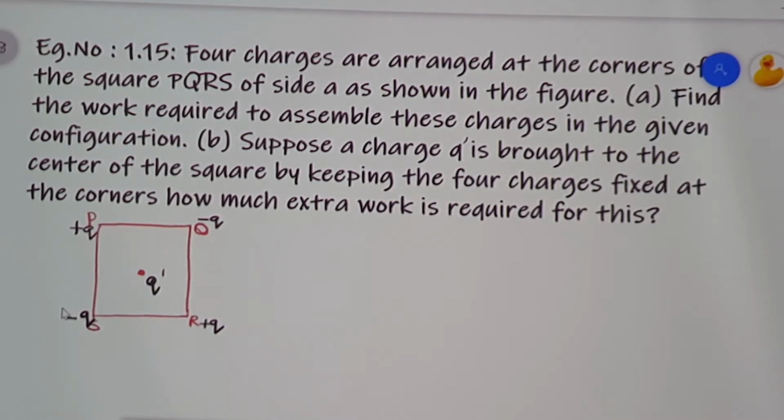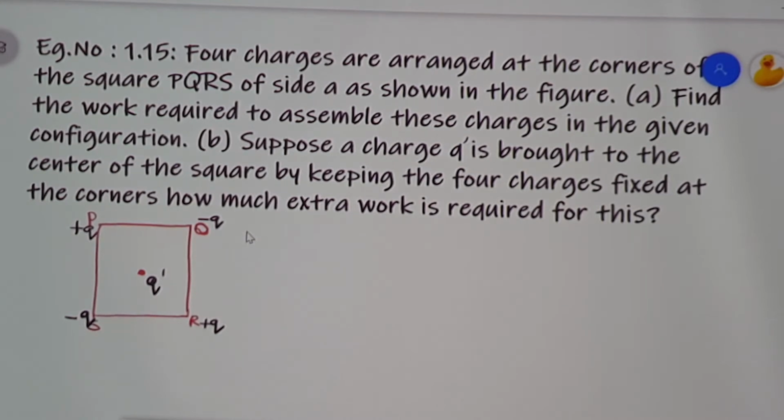Already we have studied this in our theory concept. In order to assemble these four charges at the corners of a square, the work done is independent of the way in which they are being arranged or moved. As we have studied in our theory, we will consider each and every charge at the corners and calculate the work done.